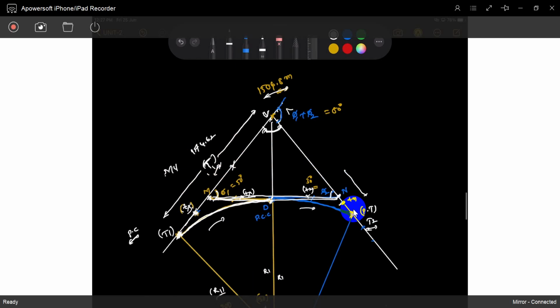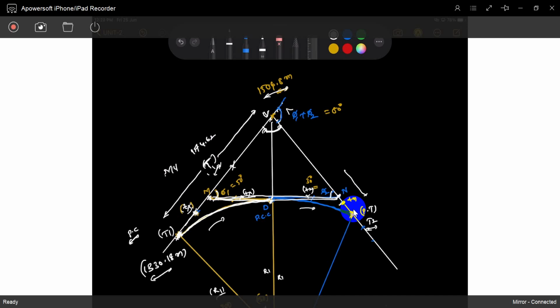What is the point of tangency here? That is the chainage point: 1504.8 minus 174.62, which is 1318 meters. That is the chainage point of T1.